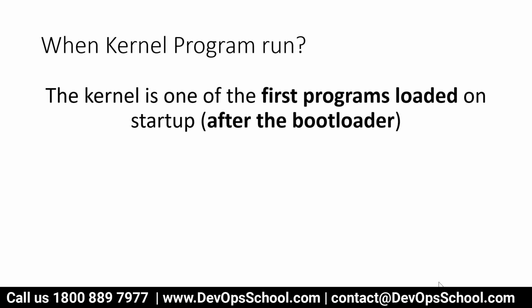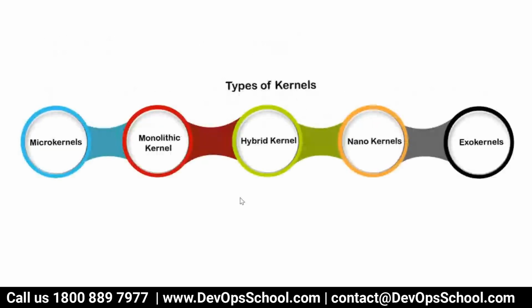So if you see, these are the types of kernel which we have: microkernel, monolithic, hybrid, nano, exo, and many others. Which one are we using? Which kind of kernel? Any idea?